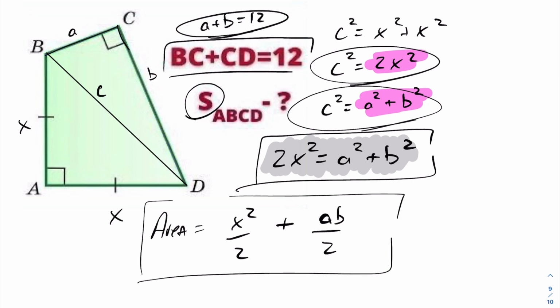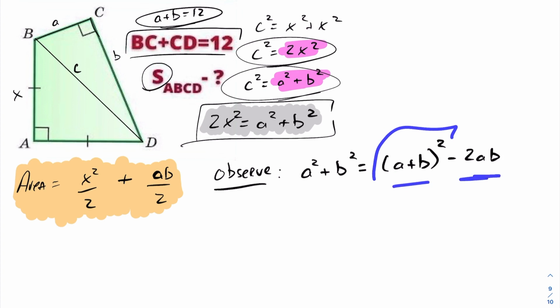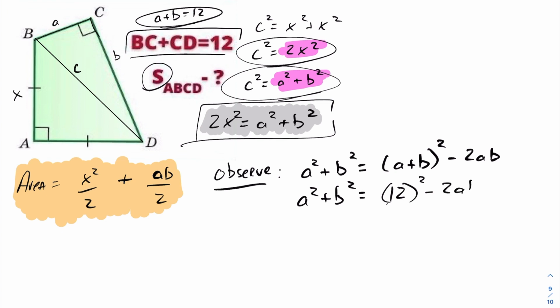So we're going to make the following observation: A squared plus B squared is equal to A plus B quantity squared minus 2AB here. Now I can change A plus B to 12, so 12 squared minus 2 times AB, in which case A squared plus B squared is going to equal 144 minus 2AB.